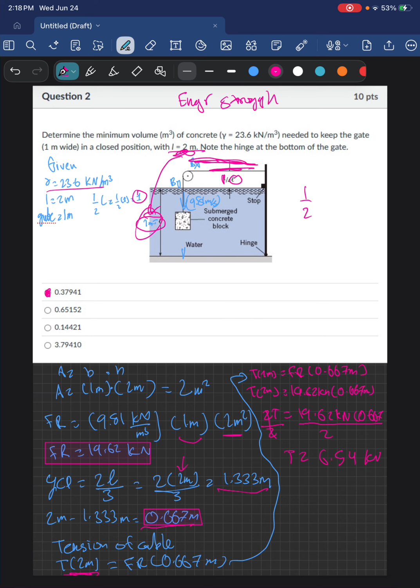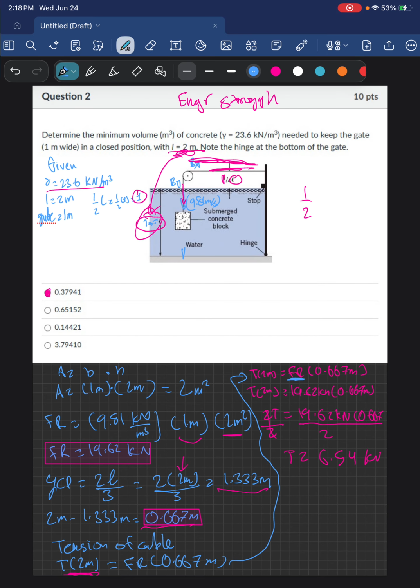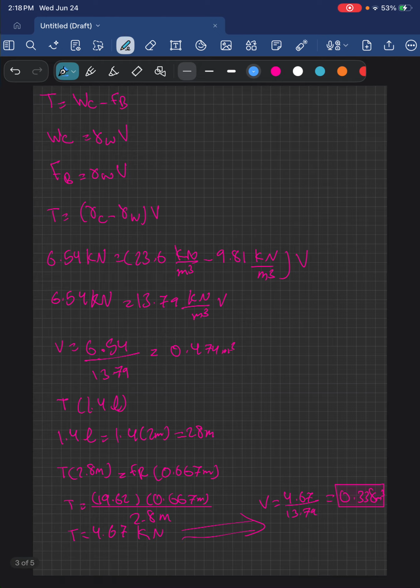And then for T's, actually that's this one, I think. Yeah, that's this one. And then you're going to have the T's of 2, which is equal to F of R, force reaction, times this one. You plug everything in, and then you find the tension, which is 6.54 kilonewton.